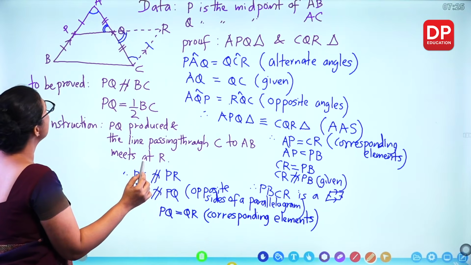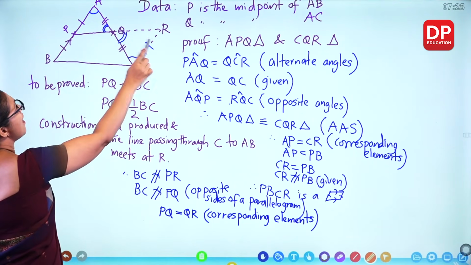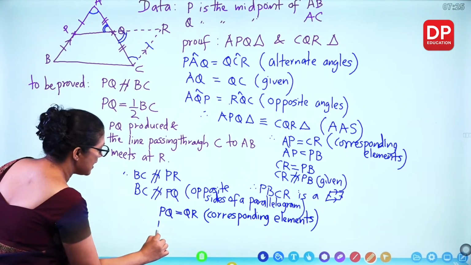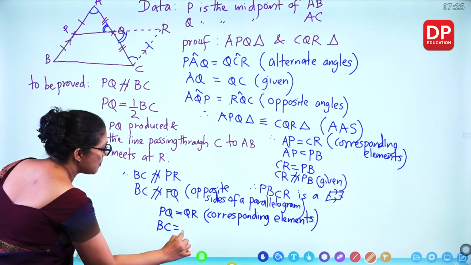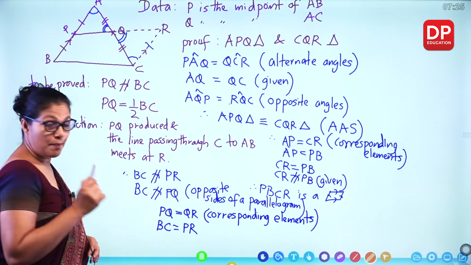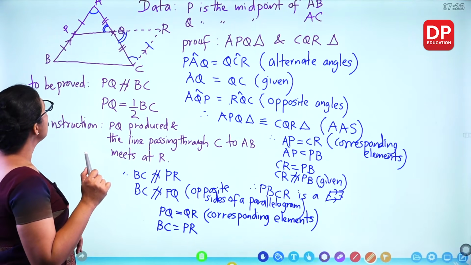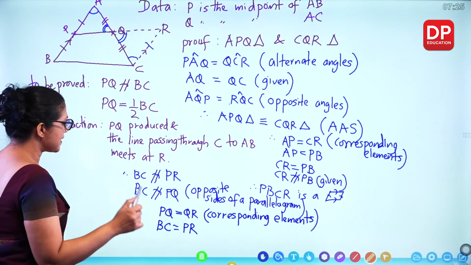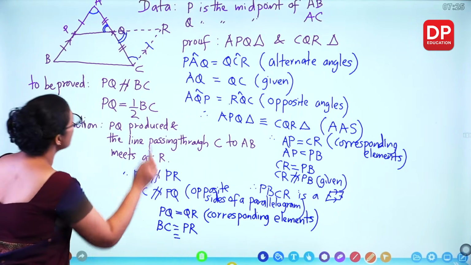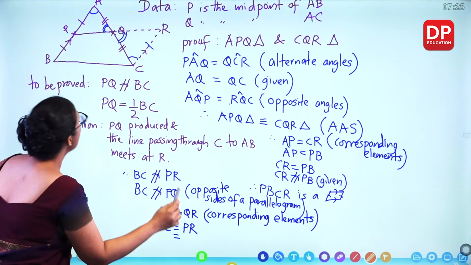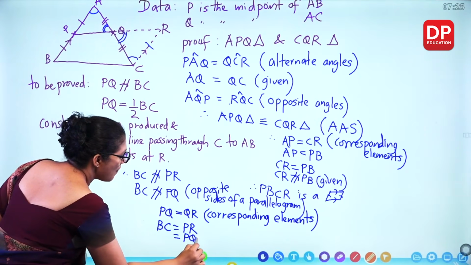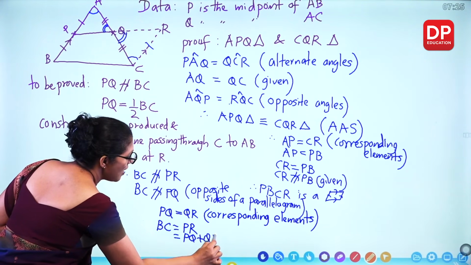We can say PR is equal to BC or BC equals PR, opposite sides of a parallelogram, that's equal, but BC is what? PQ plus QR.